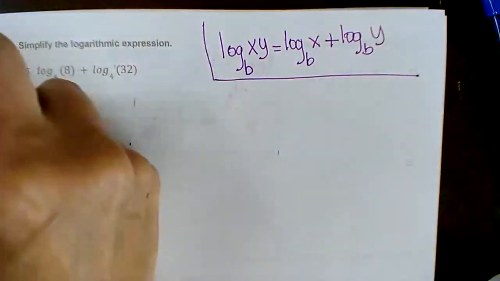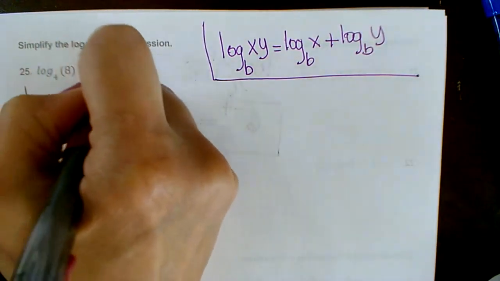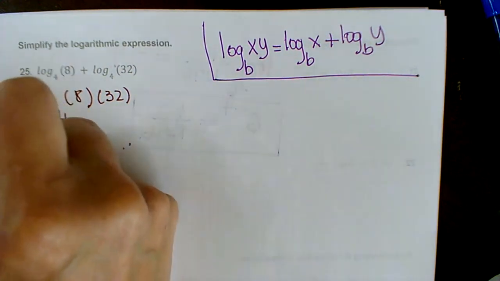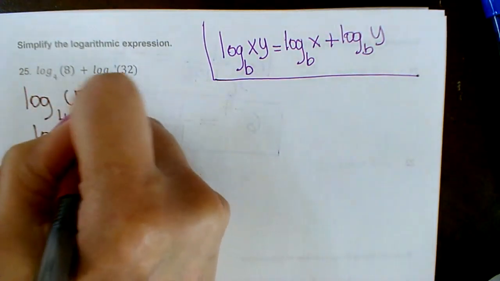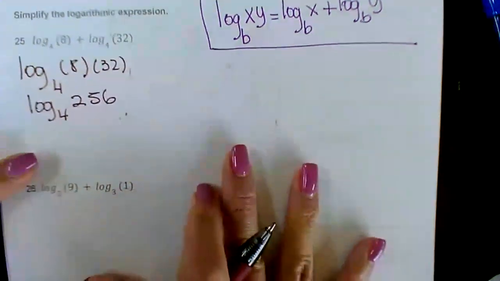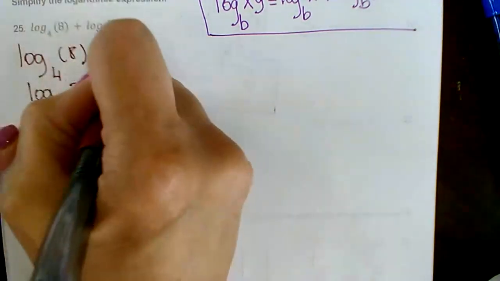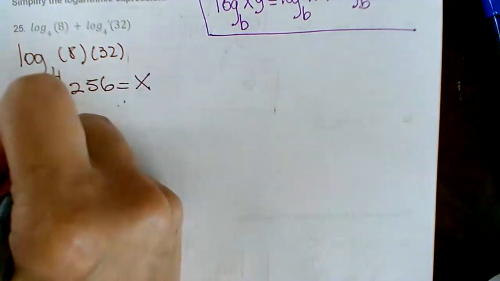So right here, we could do log base 4 of 8 times 32. So that's going to be log base 4 of 256 equals x. 4 is the base.